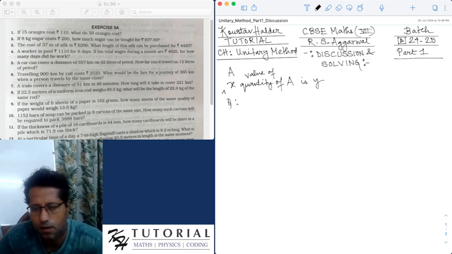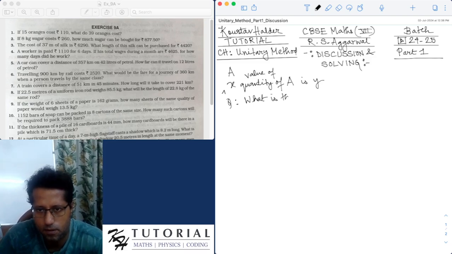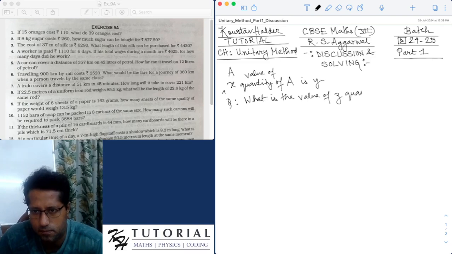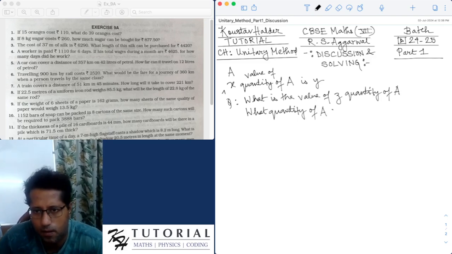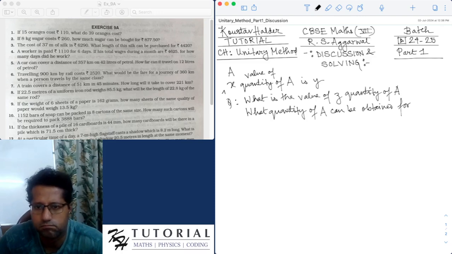Then the question could be: what is the value of Z quantity of A, or it could be: what quantity of A can be obtained for Z value.